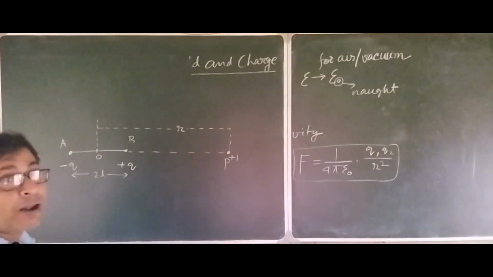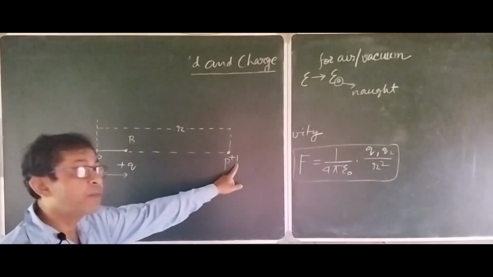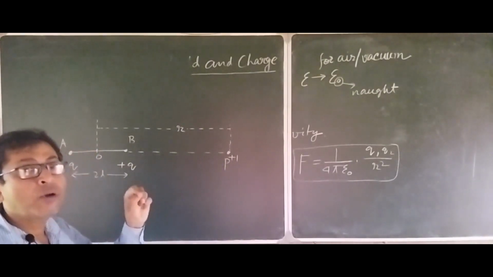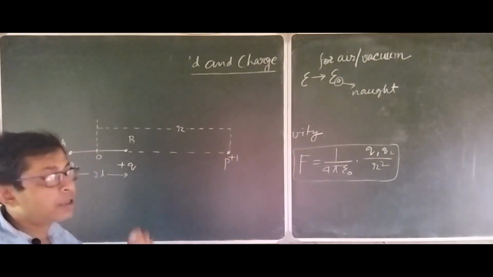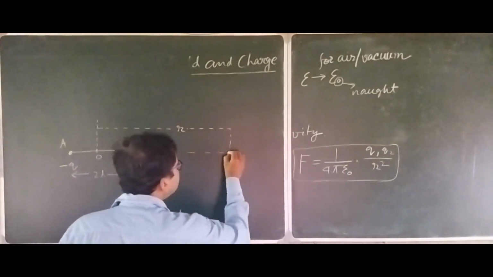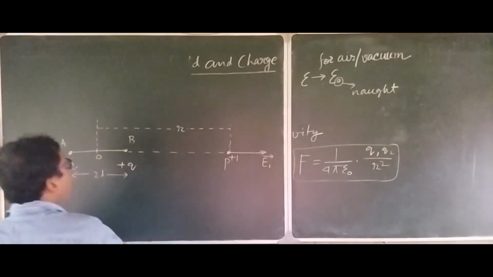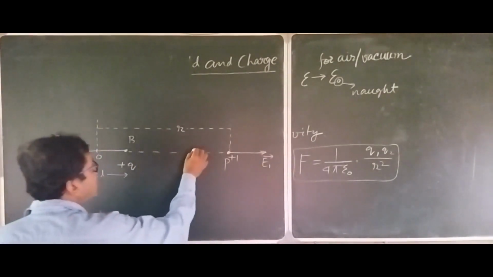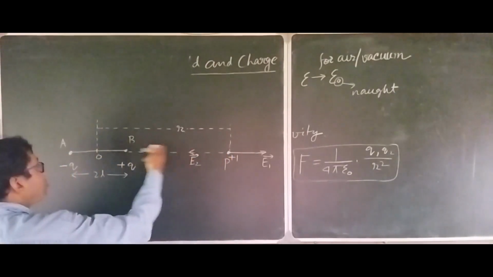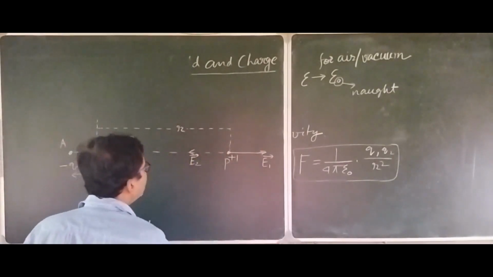Now previously we have learned that when between the two charges one charge is unit, then we can call the Coulombian force the electric field intensity. So due to this plus q charge, here the field intensity is suppose E1, and due to this the field intensity is E2. Since it is attractive, it is directed towards the dipole, and it repels that charge, so it moves away from the dipole.